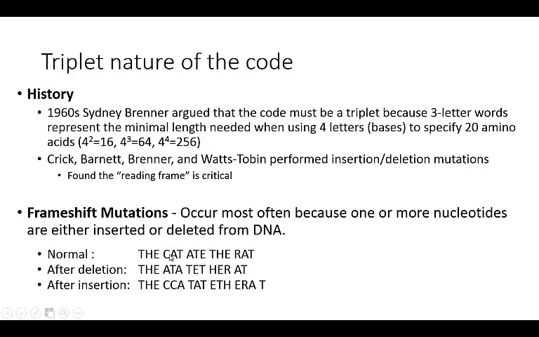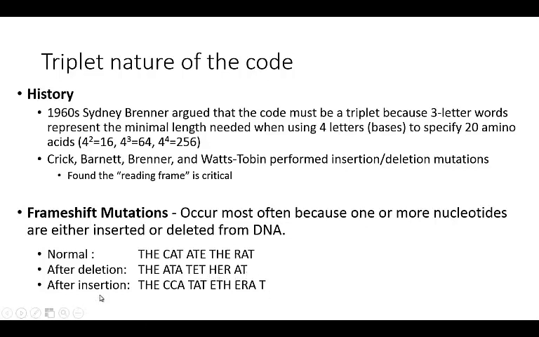If you're going to delete this C, everything downstream is going to be shifted over. Remember, they have to be read in groups of 3. So if everything is shifted over, what might happen? You've still got the, that's fine, but that C is missing now. It'd be ate, the, hair. I mean, that doesn't make any sense, right?